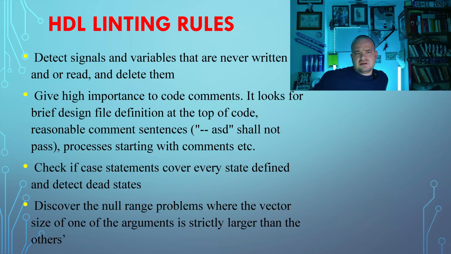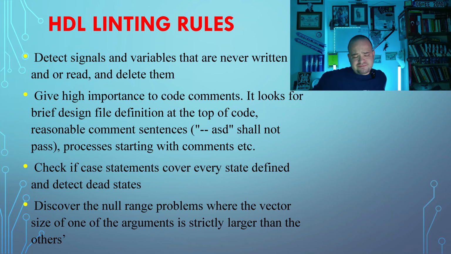The fourth one is: detect signals and variables that are never written or read, and then delete them. This is also really misleading. Sometimes a huge design, a huge algorithm, is implemented in an ugly way, as I mentioned in the previous linting rule. Some signals are added, some signals are removed, and many different people edited that code, or a combination of those.